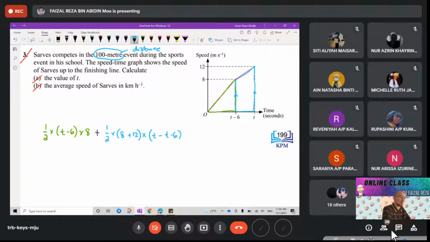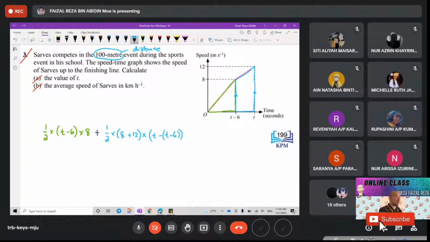Sorry, this one should be in brackets also, so it is (t minus 6) over here.